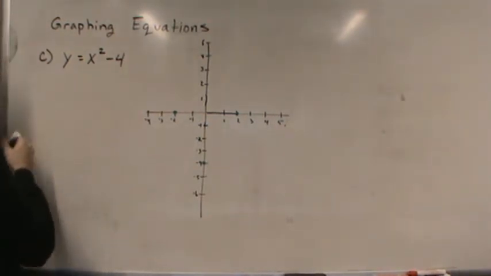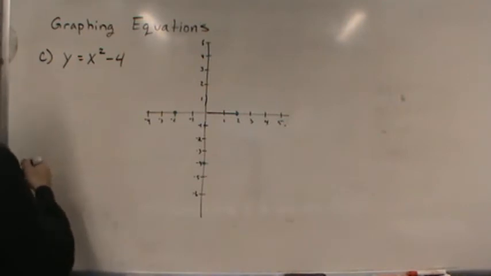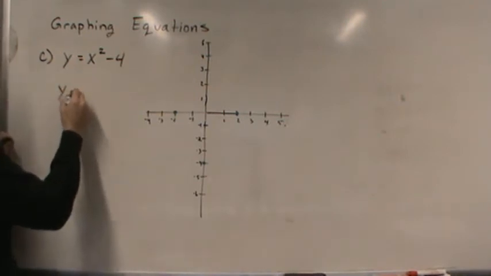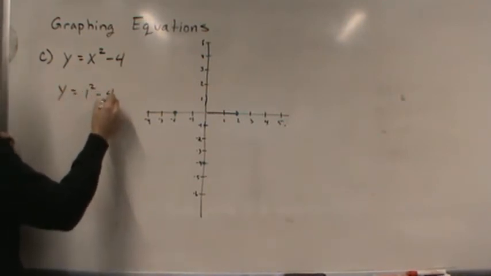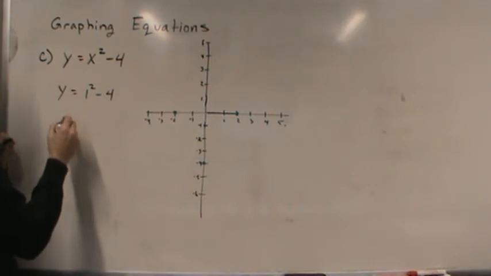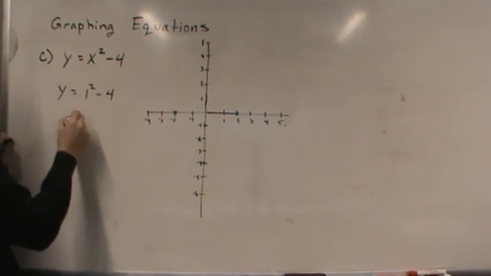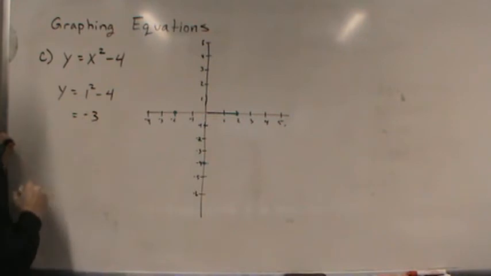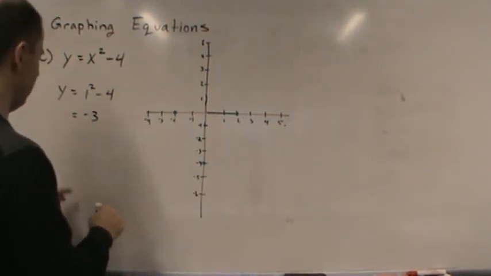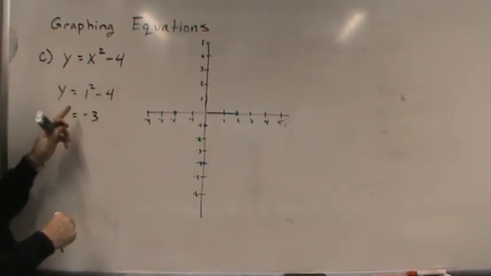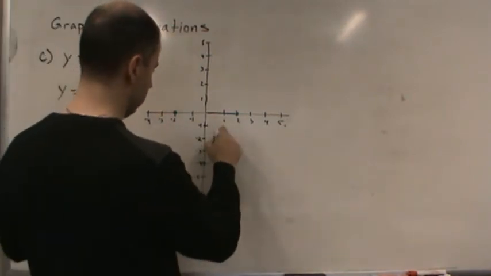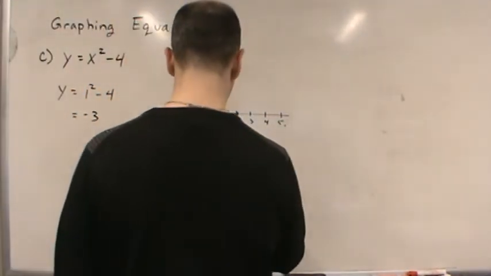So if x is equal to 1, right, we get 1 squared minus 4, which gives us what? So it gives us negative 3. Okay, so then we're going to have a point at 1 comma negative 3. So it'll be right here.